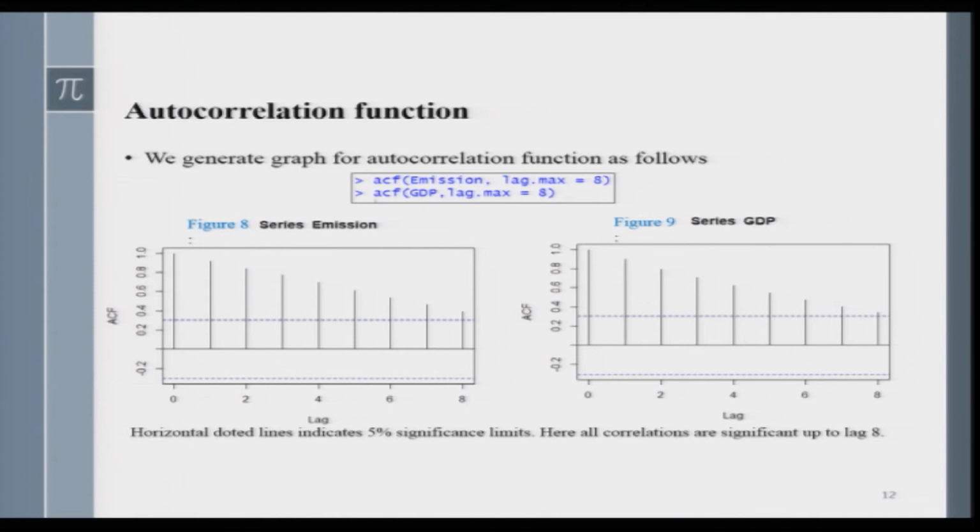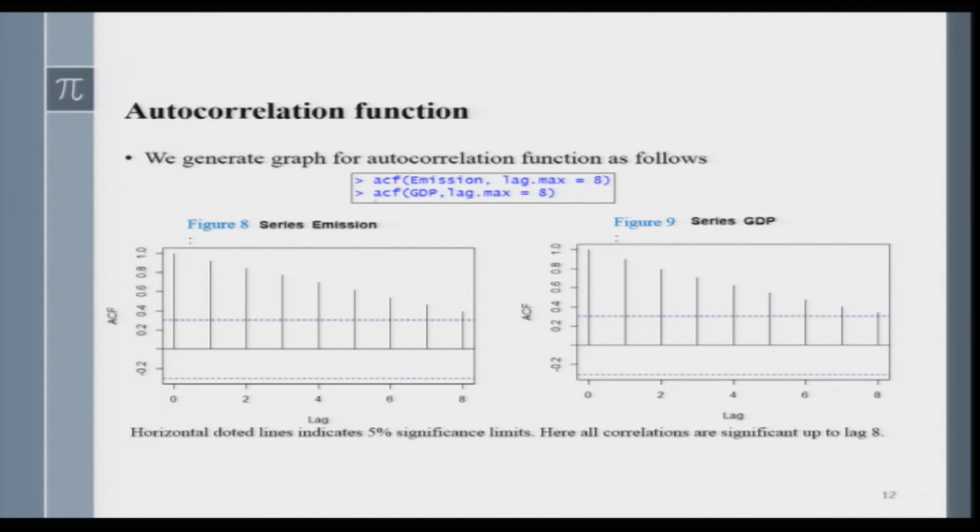If I choose a lag length of 8, then for 8 lags it presents the autocorrelation function values for both variables. In figure 8 we see the sample ACF for the series emission, and there is a slow fall, you can call it an exponential decay, in the values of the sample autocorrelation function over different lags. You see these horizontal dotted lines in this box.